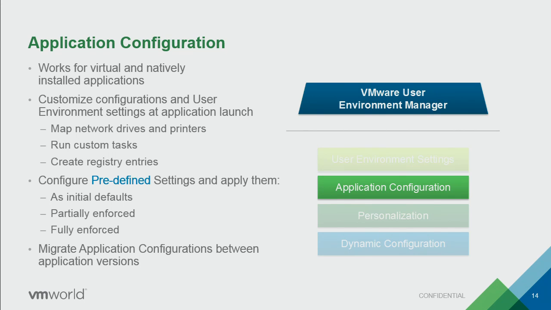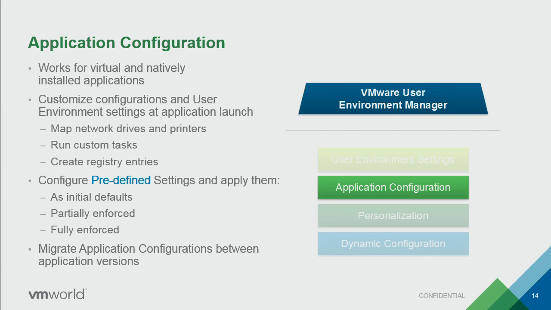You can also customize your configurations, things like mapping network drives and mapping printers when you launch an application. So for instance, if you want your user to only ever be able to print to a certain printer when they're using Microsoft Word, you can use User Environment Manager to set a policy that says, when the user launches Microsoft Word, map this printer to their desktop, and when they shut down Microsoft Word, unmap it.